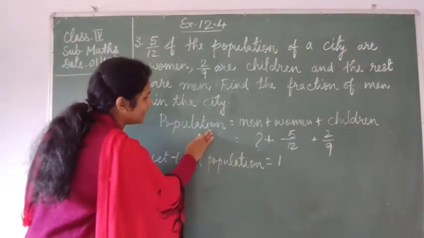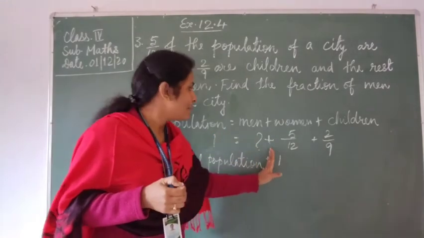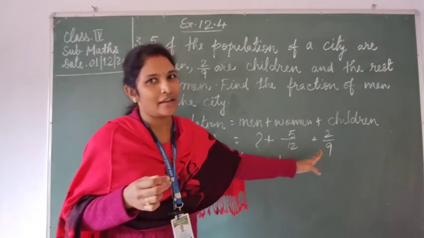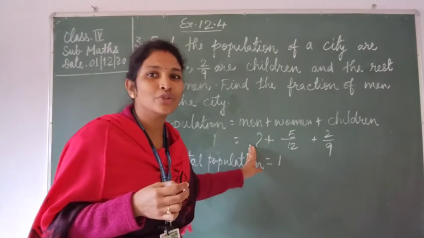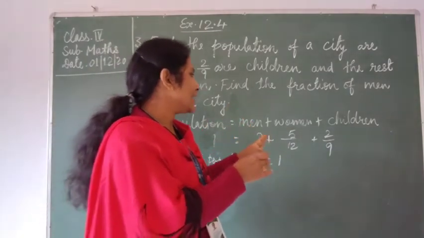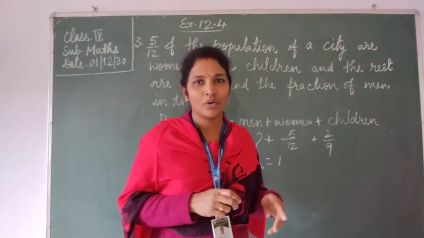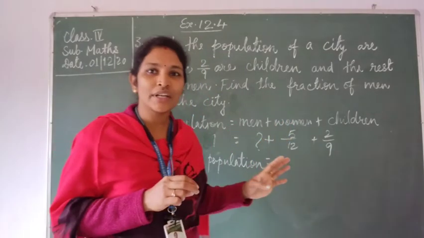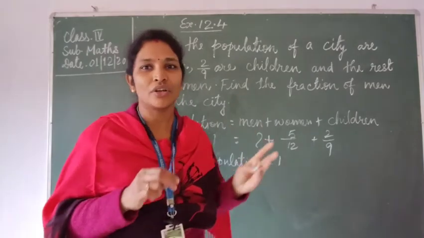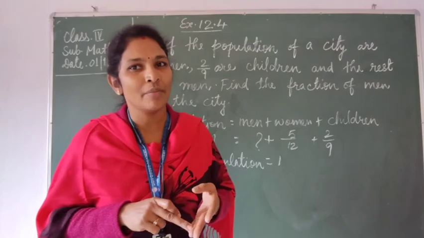It means 1 is equal to men plus 5 by 12 plus 2 by 9. For getting men, what do we have to do? From the total population, we have to subtract the population of women and children. As here the numbers are not given, fractions are given, we can write the statements as fraction of women, fraction of children and fraction of men.